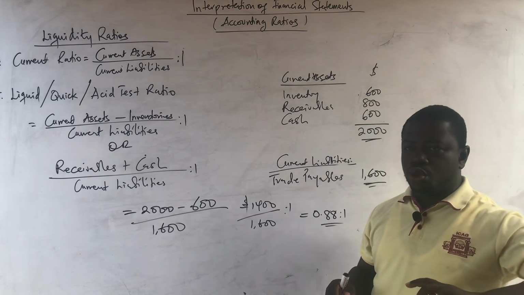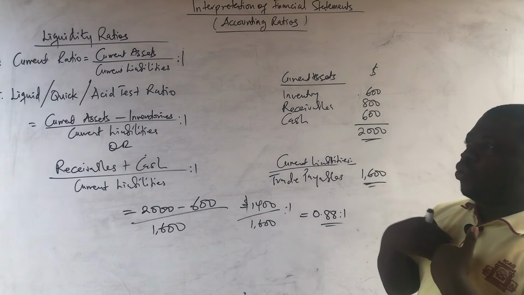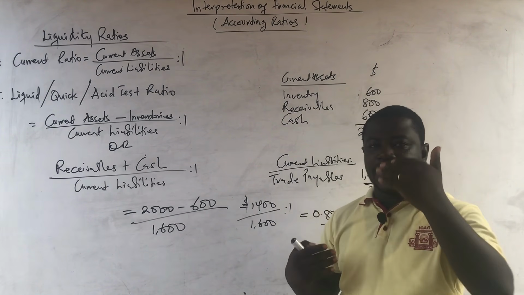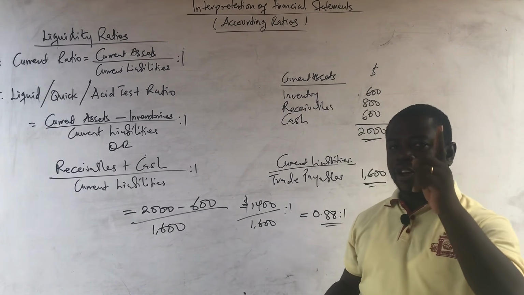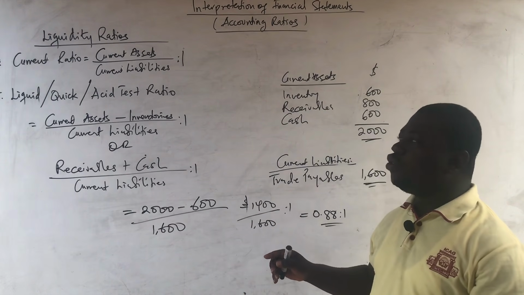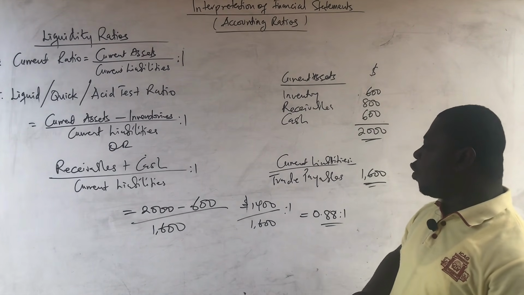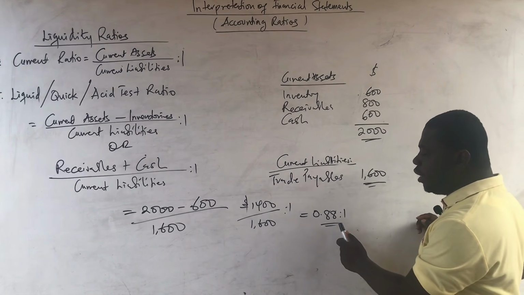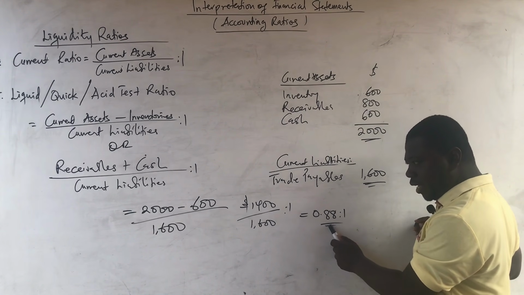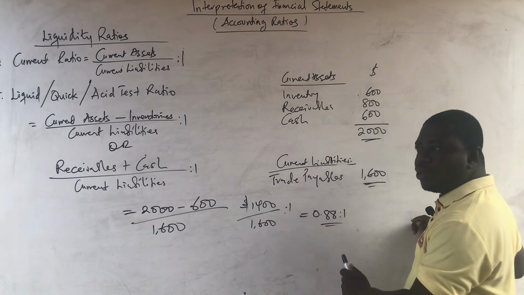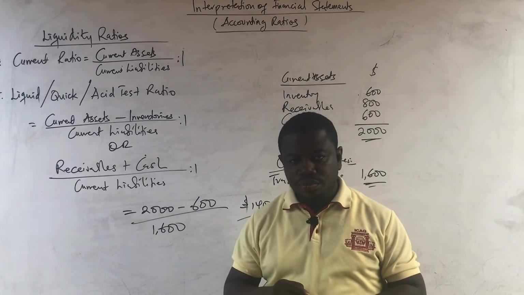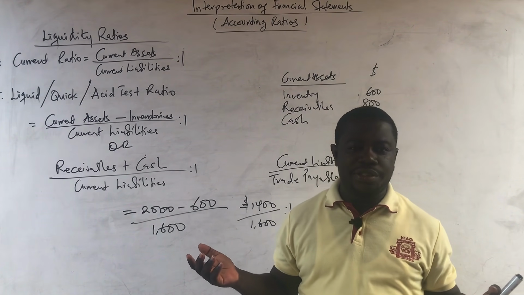One other thing you should also take note of is that if you are not doing the comparison for your own company year after year, but your comparison is with the industry, then you need to be mindful of the industry averages as well. If your industry is doing 0.95 and you are doing 0.88, you cannot tell me you are doing well when it's being compared to the industry.